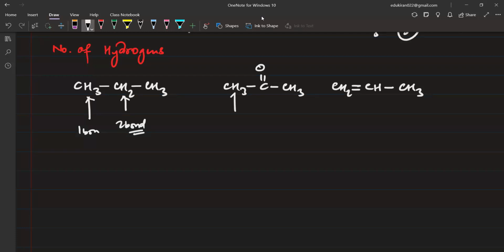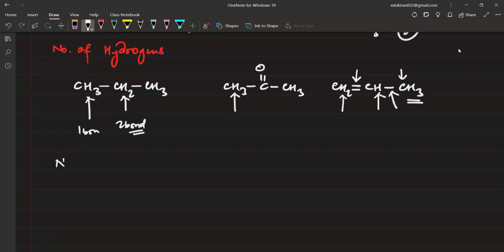Here you can see 3 hydrogens and 1 bond. Now this carbon atom, you can see all the 4 bonds. That means it should not have any hydrogens. Now here you can see that it is having 2 hydrogens and there are 2 bonds that you can see. This carbon atom is having 3 bonds that you can see, and that is why it is having 1 hydrogen. This carbon atom has 1 bond that you can see, and that is why it is having 3 hydrogens.